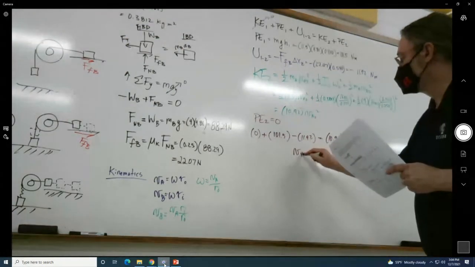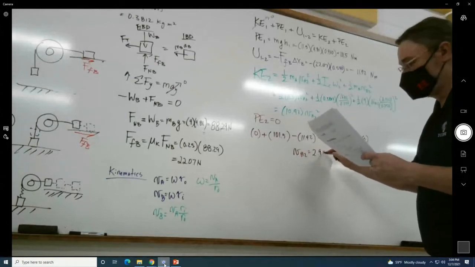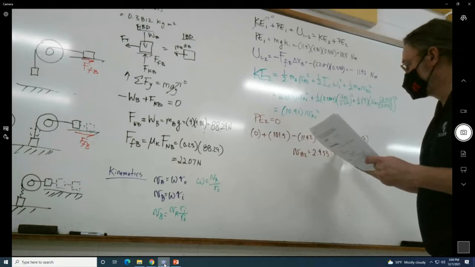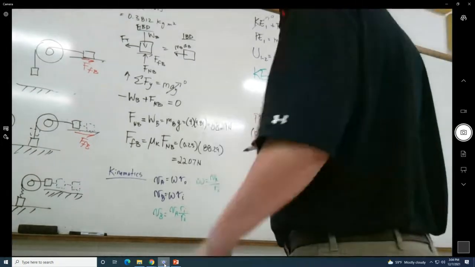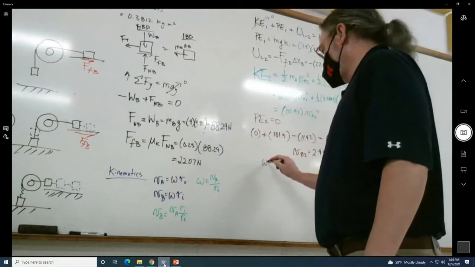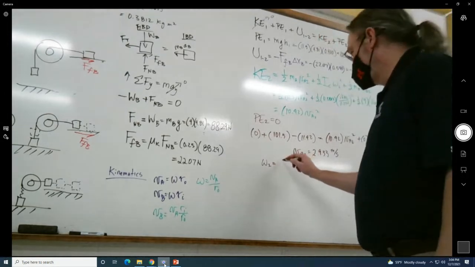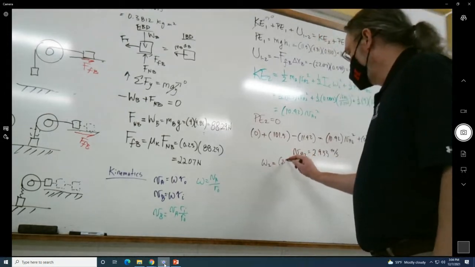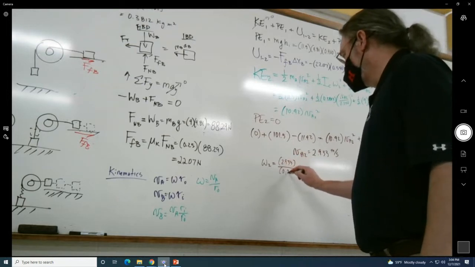So we get VA2 is going to be equal to 2.933 meters per second. And then also from this, we can find that omega 2, let's call it, is going to be 2.933 divided by 0.2550.